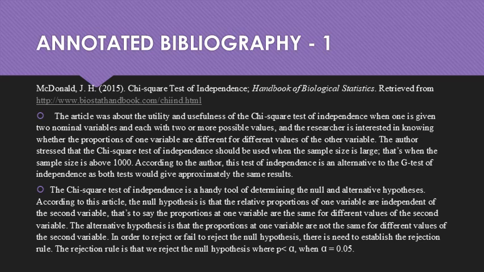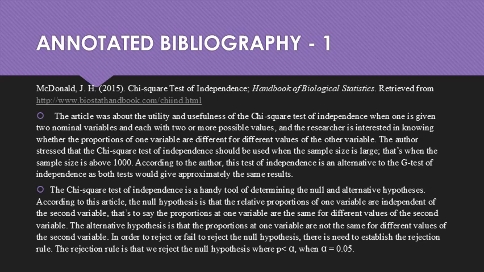The article was about the utility and usefulness of the Chi-square Test of Independence when one is given 2 nominal variables, each with 2 or more possible values, and the researcher is interested in knowing whether the proportion of one variable are different for different values of the other variable.